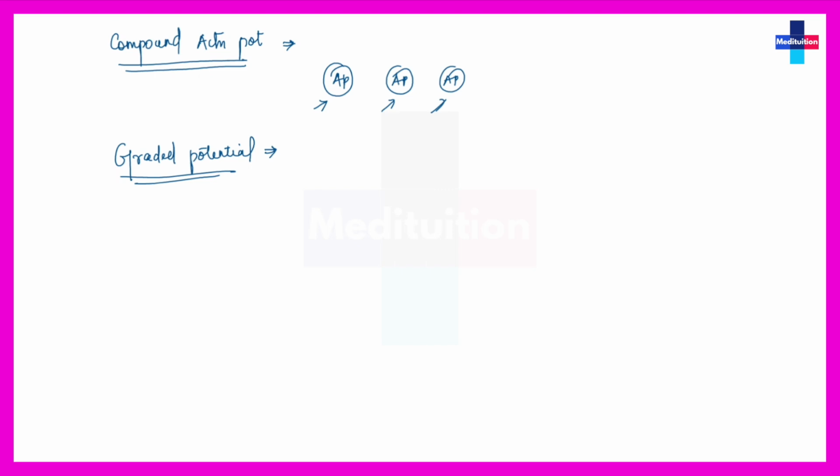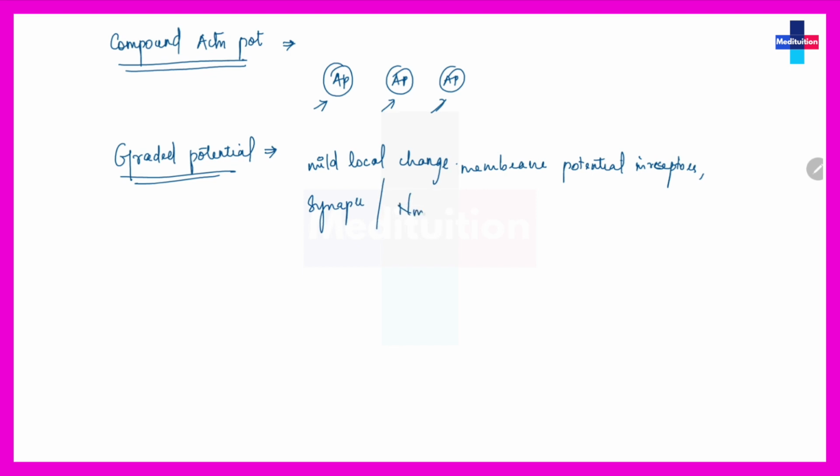Now, coming to the graded potential, which differs from the action potential, it is a mild change where your membrane potential is developed in receptors, synapses, and in your neuromuscular junctions.